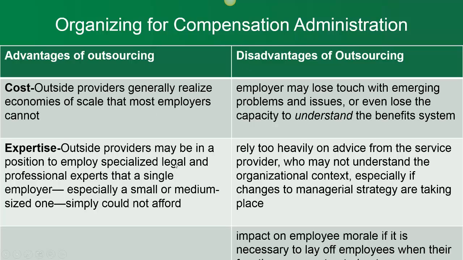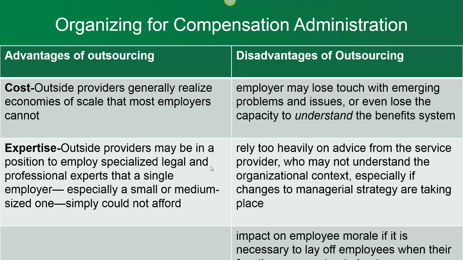Sometimes outside providers have better specializations. They have specialized legal and professional experts at their fingertips that help them to maintain your system in accordance with legislation that might come down, and sometimes small or medium-sized companies simply can't afford to do that. Larger-sized companies sometimes can, but smaller employers maybe not. So for them, outsourcing might be a route to go.